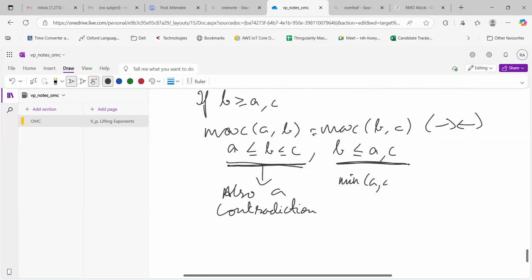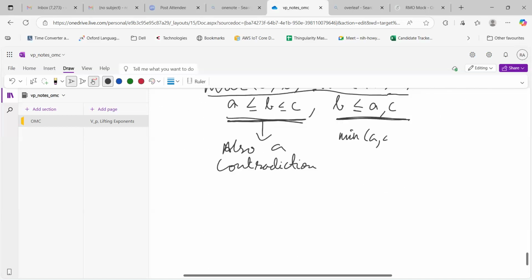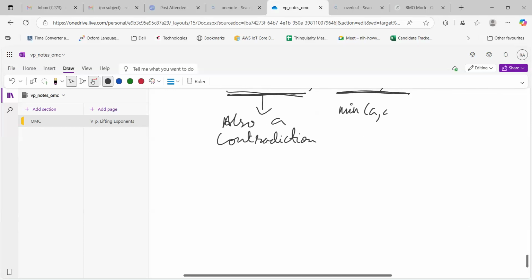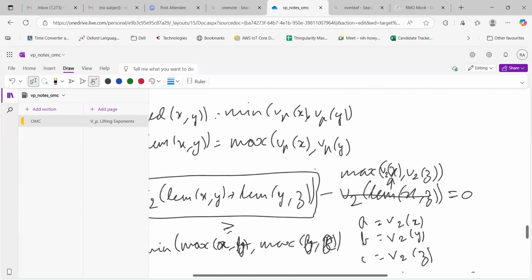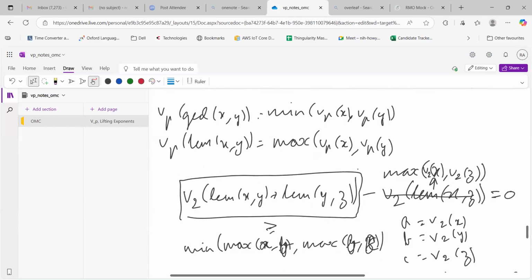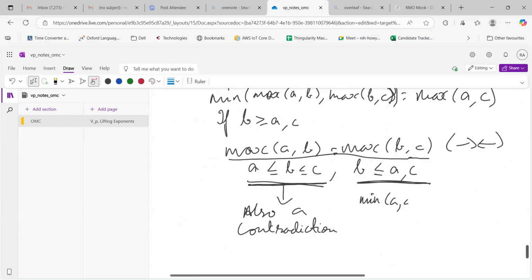Yes, equality holds above, in this one. Without loss of generality, assume A less than or equal to C because we can interchange X and Y. I'm sorry, your voice is breaking. Can you repeat?